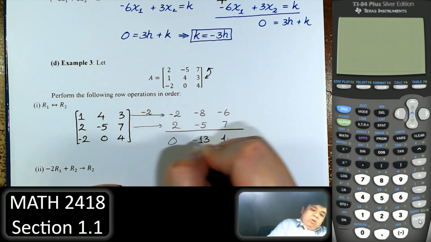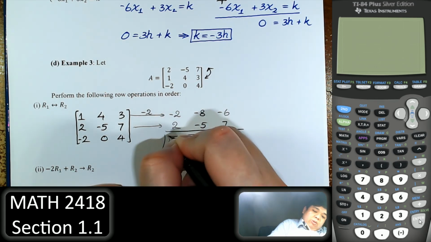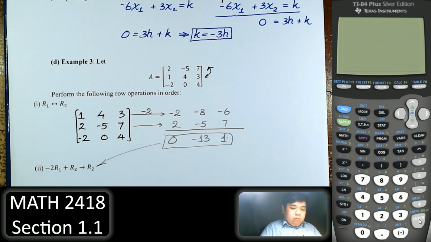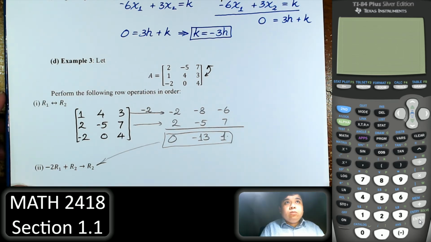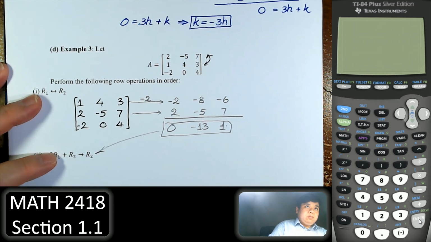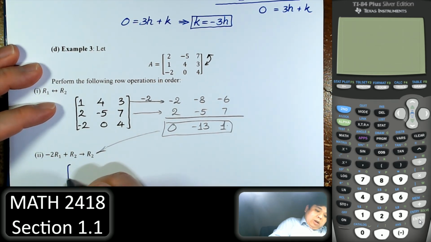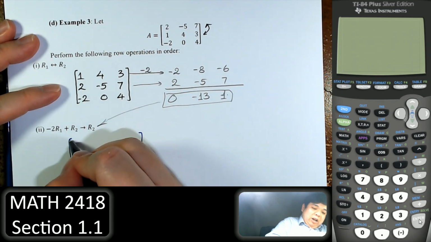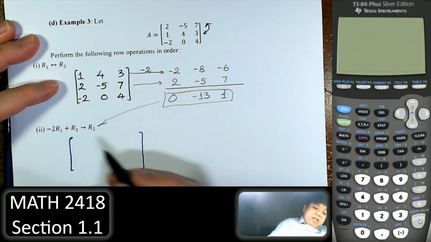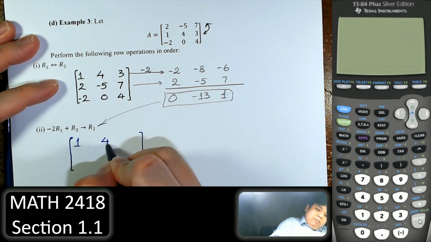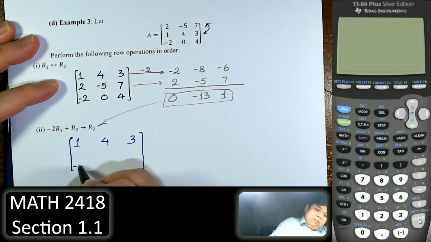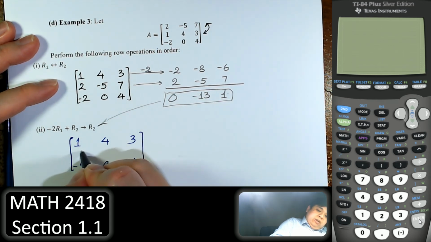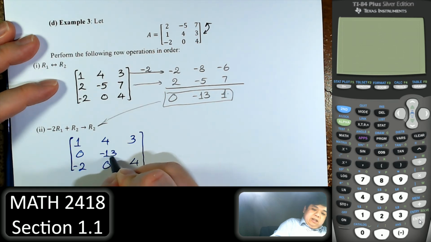I mean positive 1. So that will be the new row 2. Only row 2 will change, right? So rows 1 and 3 will stay the same. And this row will go into 0, negative 13, and 1.